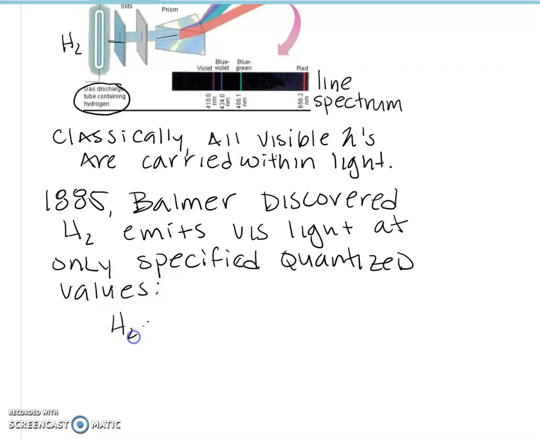So for example, hydrogen will have 4 lines that appear, and we could see that in the above spectra.